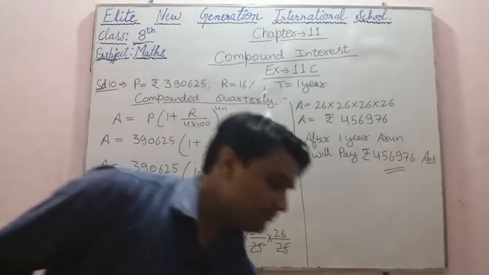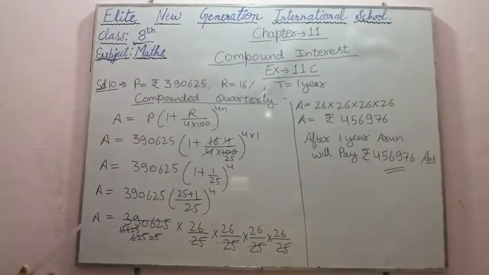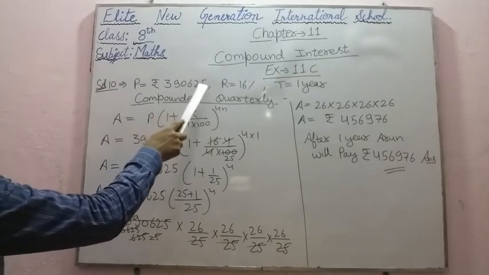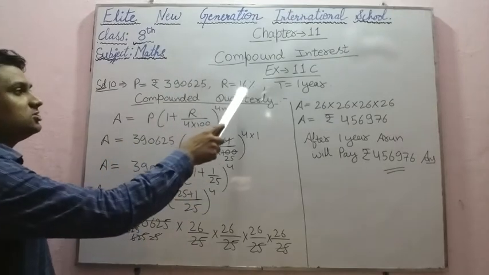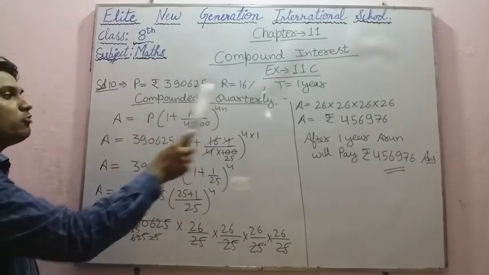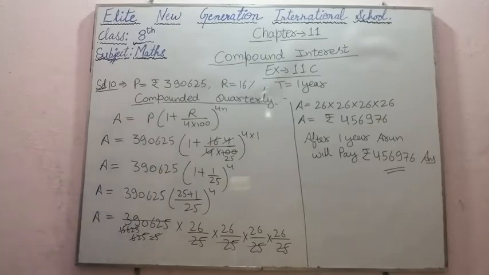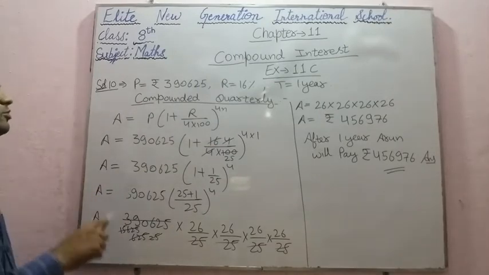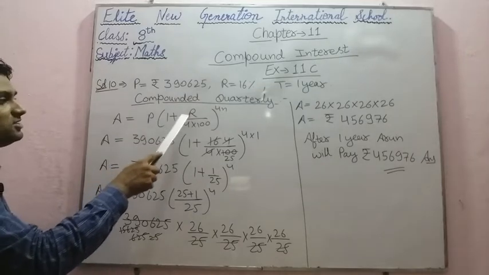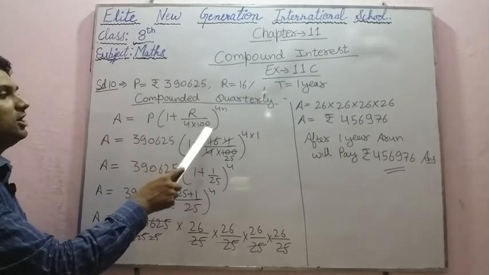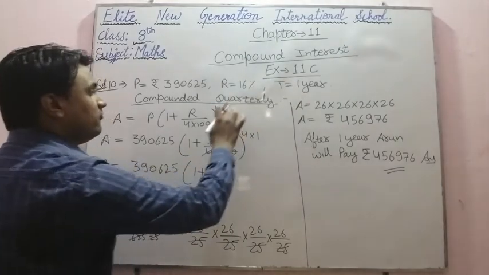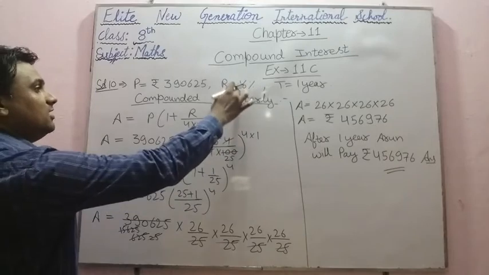So in this question, first of all, we are given that Arun took a loan of rupees 3,90,625, rate 16% and time 1 year, and he took the loan compounded quarterly. So when it is compounded quarterly, we use the formula for calculating amount, A equals P into 1 plus R upon 4 into 100, and power 4n. That means time will be multiplied by 4, and rate will be divided by 4.